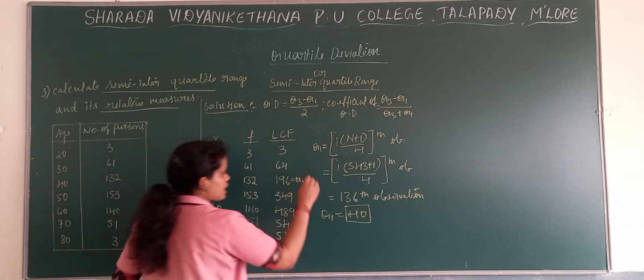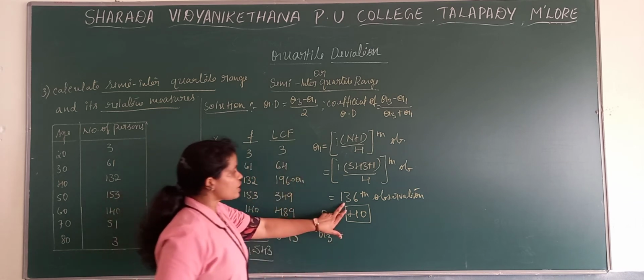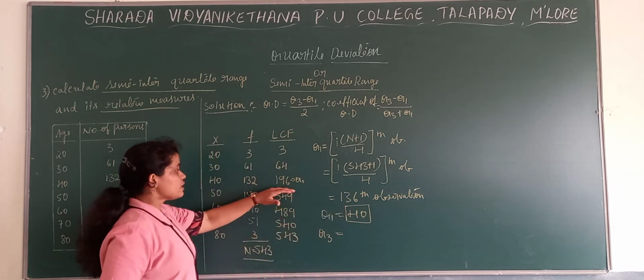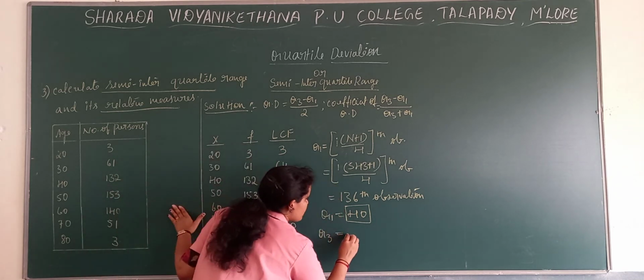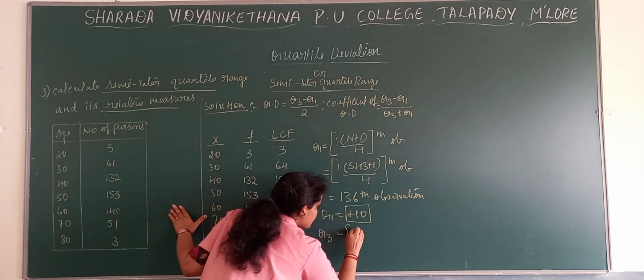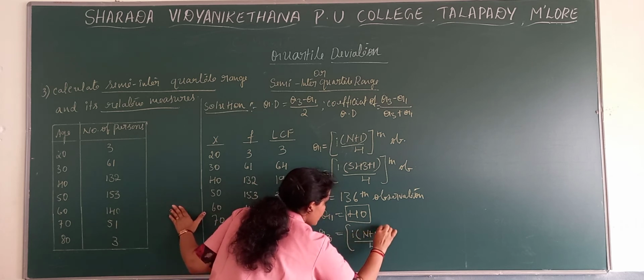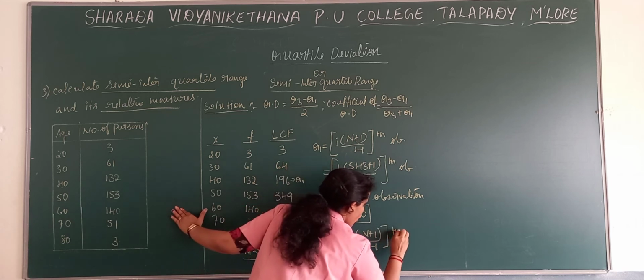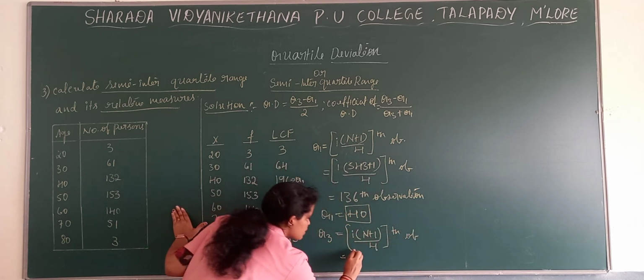Now next, apply the Q3 formula. Whatever value we get, we need to see in LCM. Then the corresponding x value is your Q3 value. Next apply Q3, that is i into N plus 1 divided by 4th observation. So here i is nothing but 3.